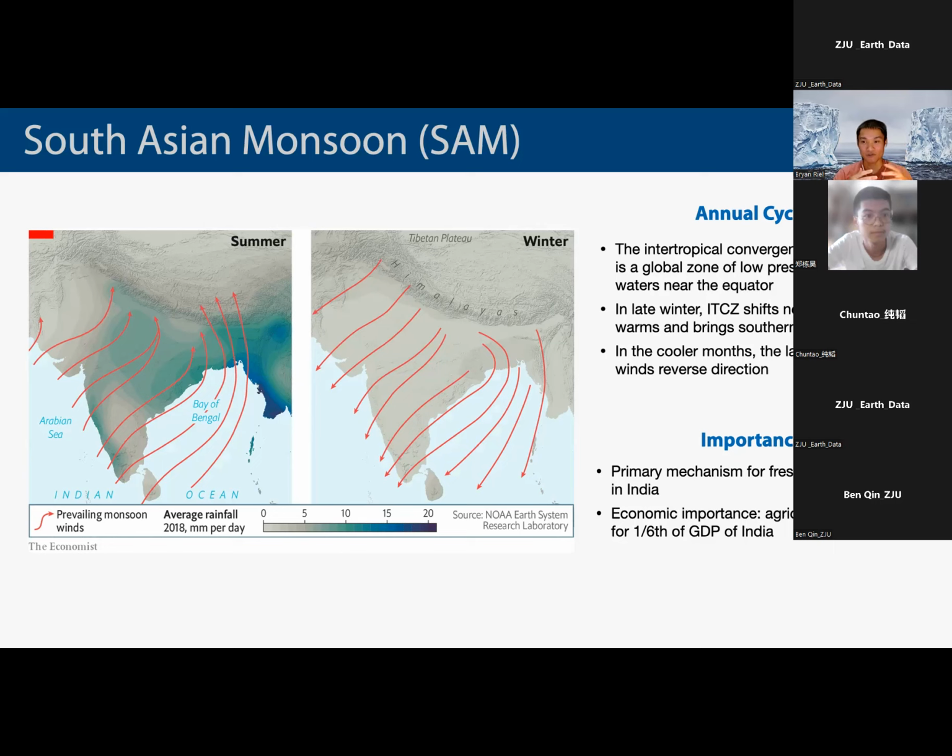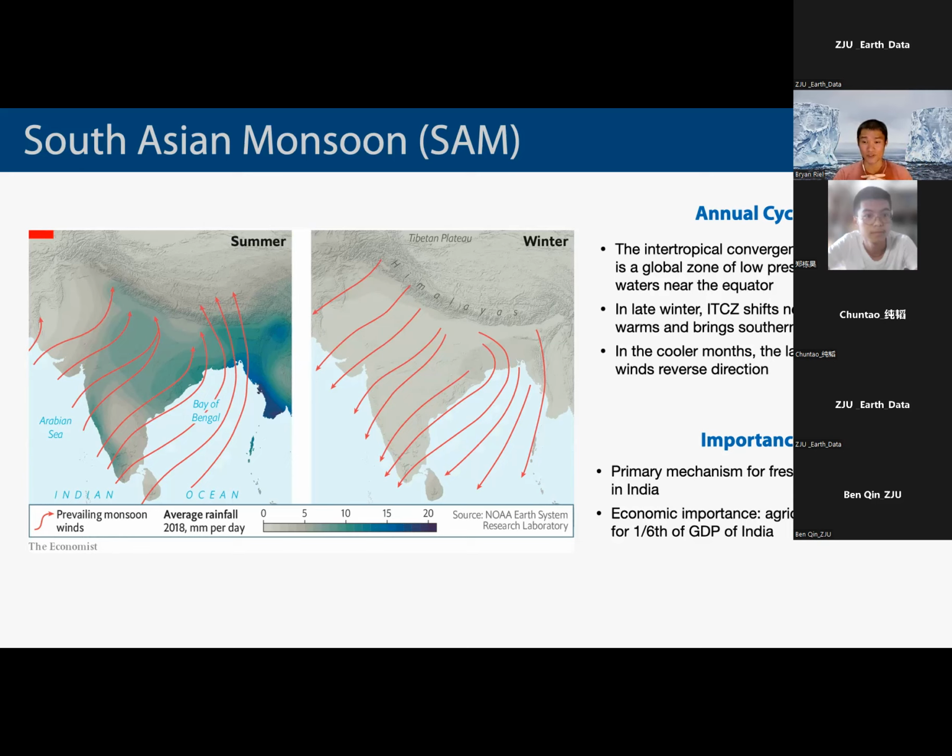These trade winds carry with them a lot of moisture and warmer temperatures. That heats up the land and then dumps a whole bunch of water onto the continent of India. In the cooler months, as the land cools, the winds reverse direction, and it brings along much drier air during the winter that comes from the Himalayas.